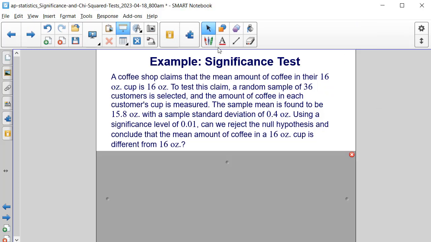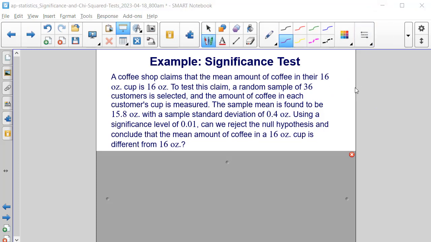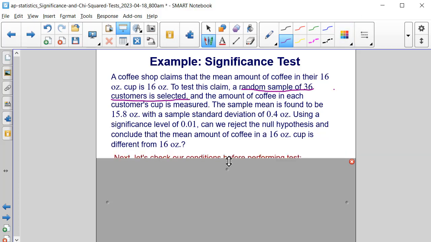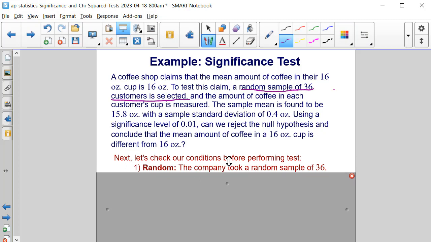Next, let's check the conditions for performing the test. To test the claim, a random sample of 36 customers is selected. So this is our random sample, or the first condition that needs to be met. And because they did a random sample, that appears to be enough to proceed to our second condition, which is the 10% part.